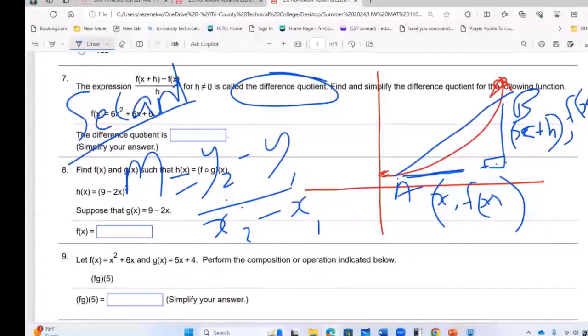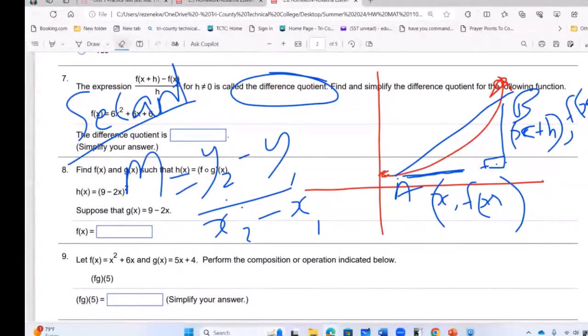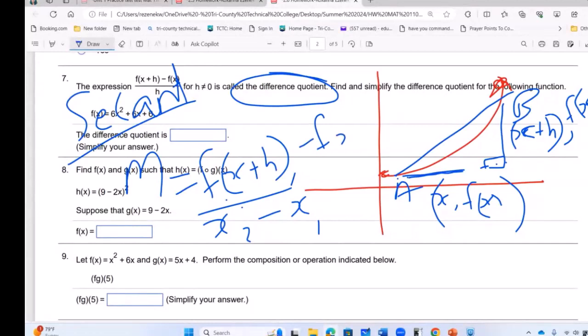With your permission, I will change y2 and y1 to their function notations. So here I'm going to write f of x plus h, that's y2, minus y1, which is f of x.